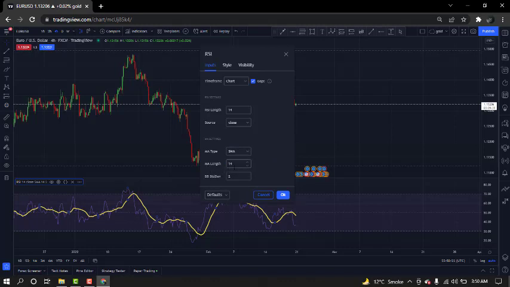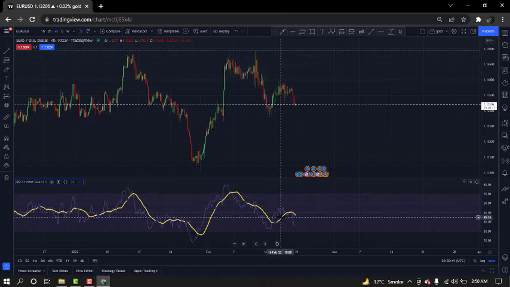Moving average length means 14. What is moving average length basically? It means the average of the last 14 candles. The system automatically sums up the last 14 candle values and divides by 14, and you can see the result.